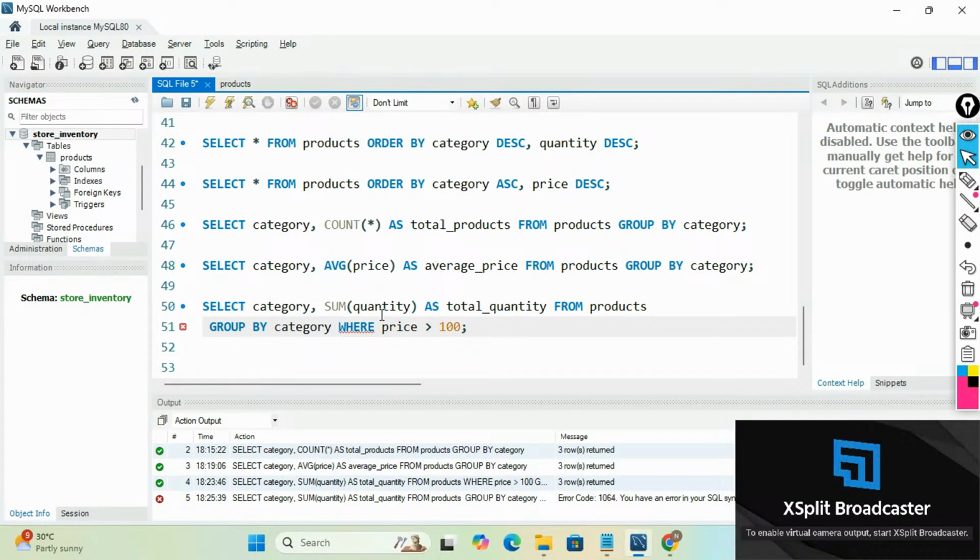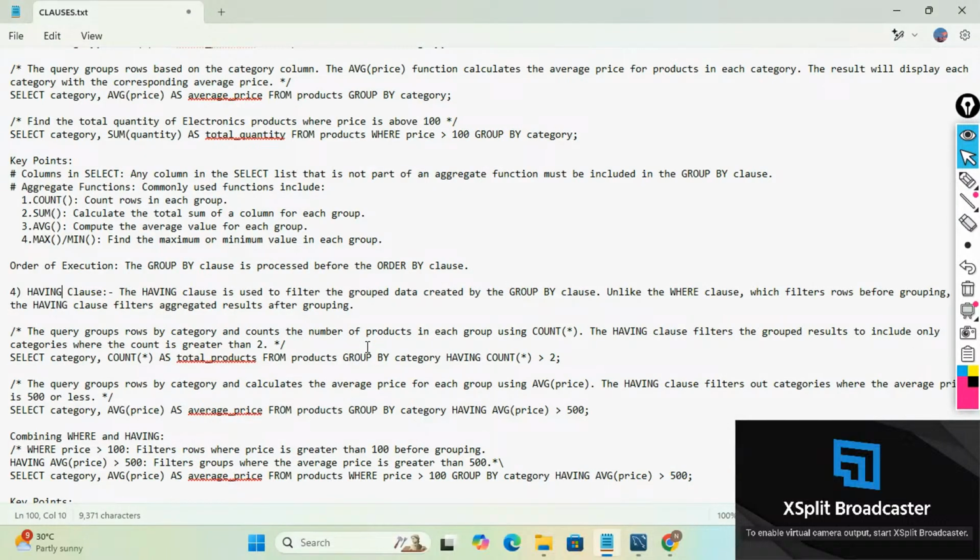So instead of the where clause, if you use having, it works. That makes the difference. What we understand from this query is that I cannot use a where clause after group by; I can only use where before group by. That is one important point to be noted. Then the clause used to filter the grouped data is the having clause. Simple.